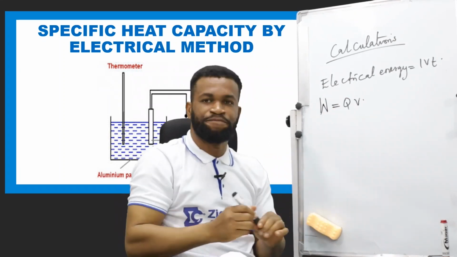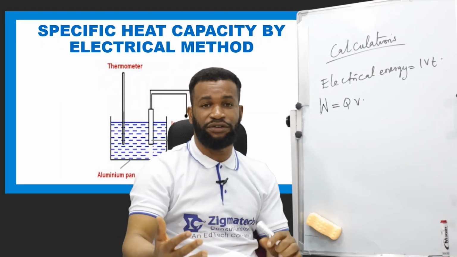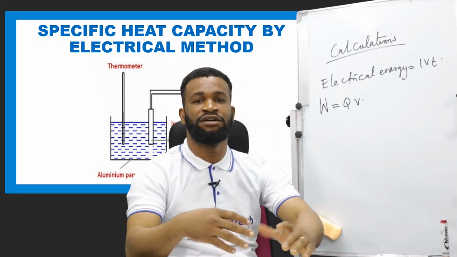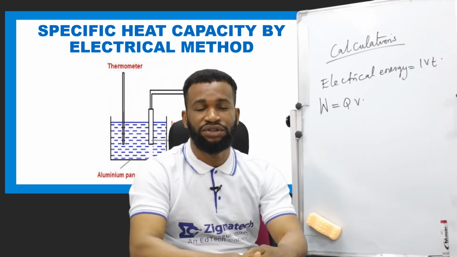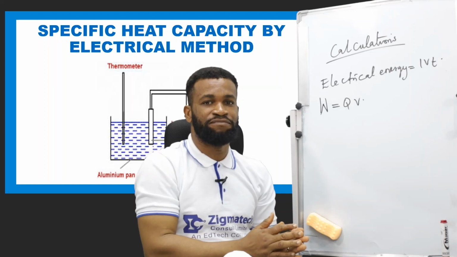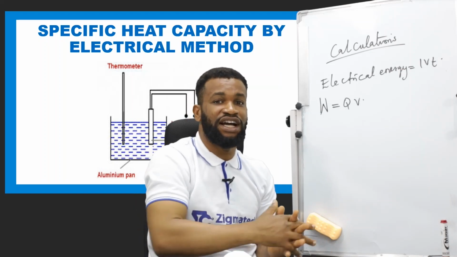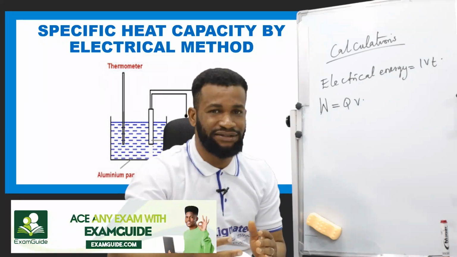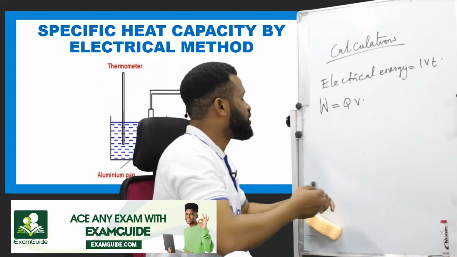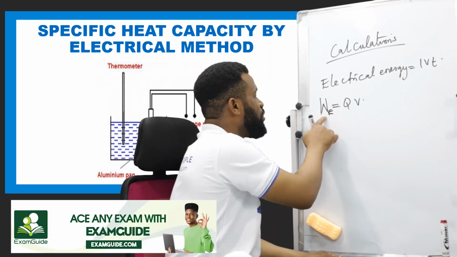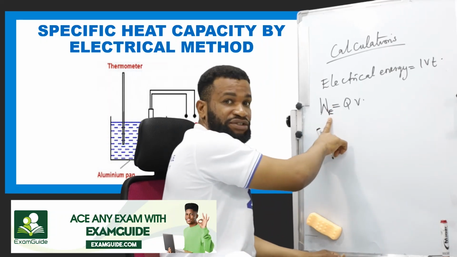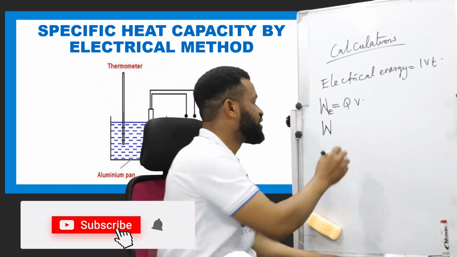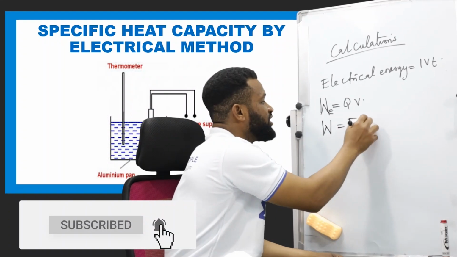Remember that in physics, we have different branches of physics. We have heat energy, electrical energy, mechanical energy, and all the rest of them. All this energy has its own specific formula we can use to find its work or energy. If I call it E, the work done by electricity, we also have ordinary work done by mechanical bodies, which we can call force times distance.